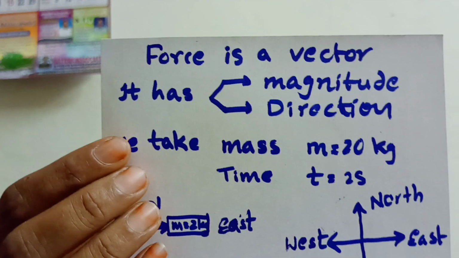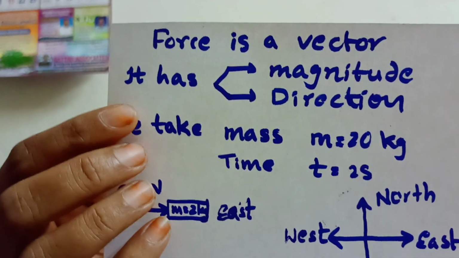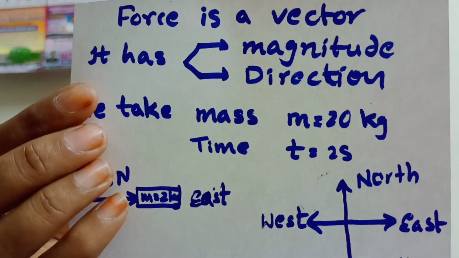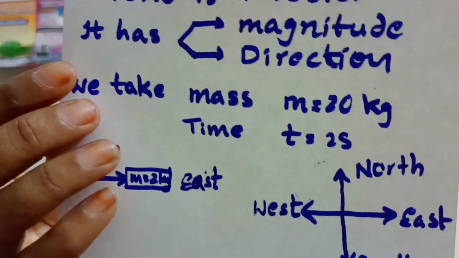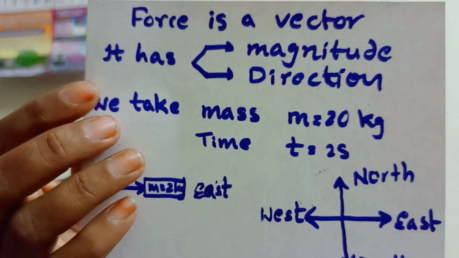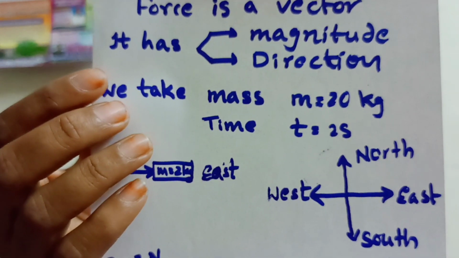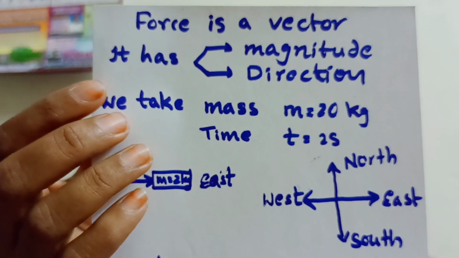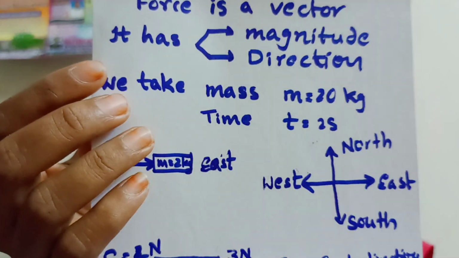Now you see this picture. Force is a vector. It has magnitude and direction. We know that a scalar quantity has only magnitude.